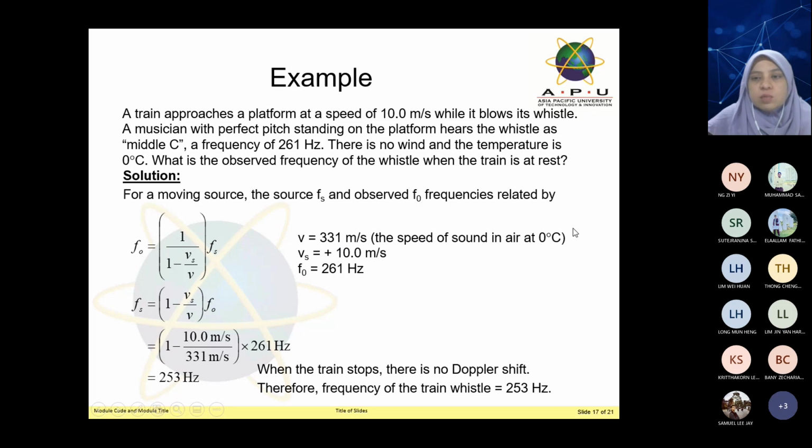This is a fixed value. Don't ask me later where 331 is from. That is the speed of sound in air at 0 degrees Celsius. Can it be more than 0?